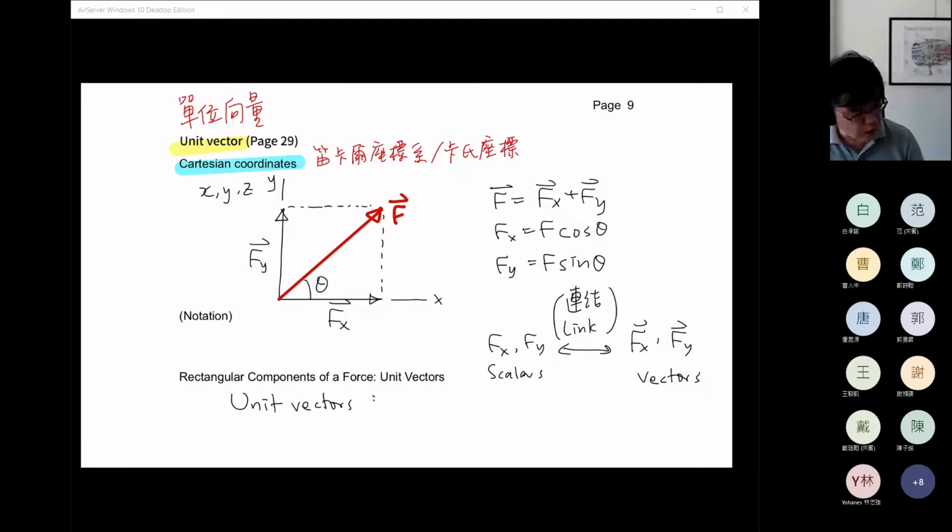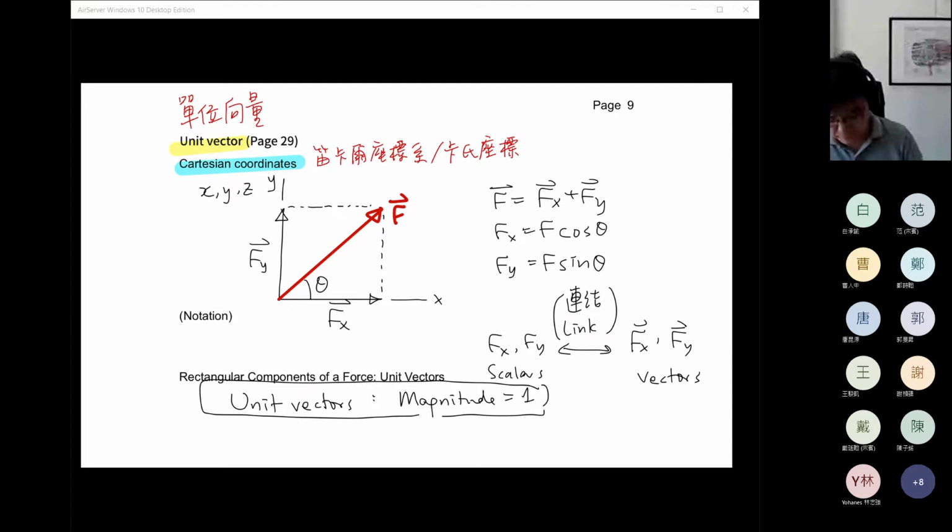It means the magnitude is equal to 1, okay? Unit vectors are the vectors with magnitude equals to 1.